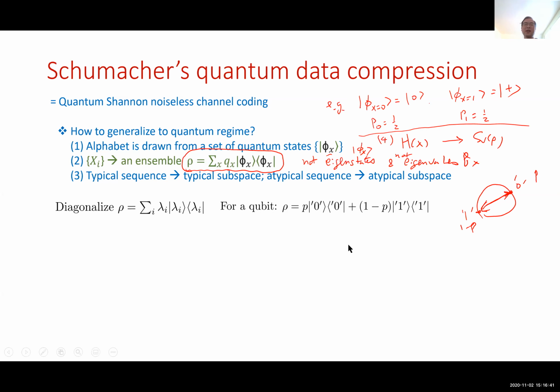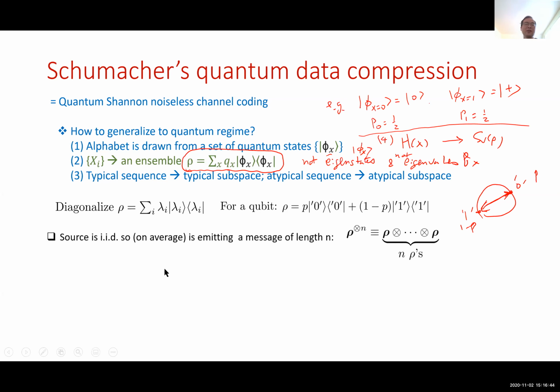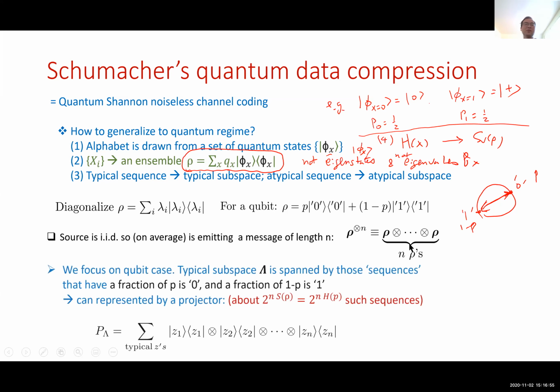So if I diagonalize that, then I see that because the source is IID, on average this is like a direct product of copies of rho. So if you think in terms of the way we understand the Shannon coding theorem, we will also separate into typical sequences, and those will be composed of states, in this quantum case, of zeros and ones.